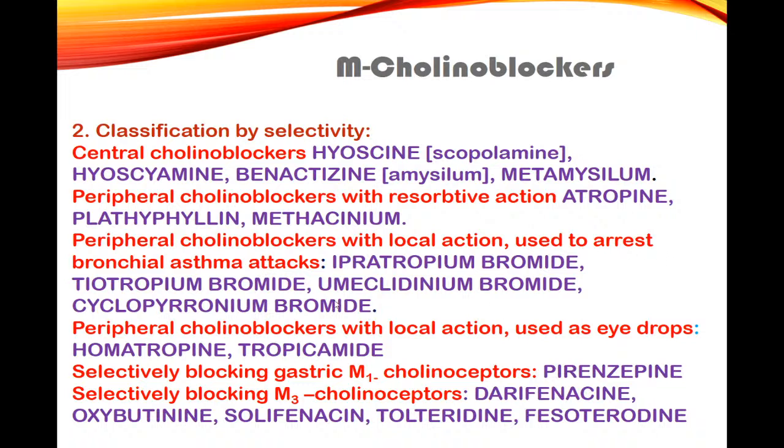Ipratropium bromide, tiotropium bromide, umeclidinium bromide, and glycopyrronium bromide are produced in the form of spray or aerosol, and a patient should inhale these agents. That is why they act only in airways and are poorly absorbed. That's why there is no influence on the rest of the organs.